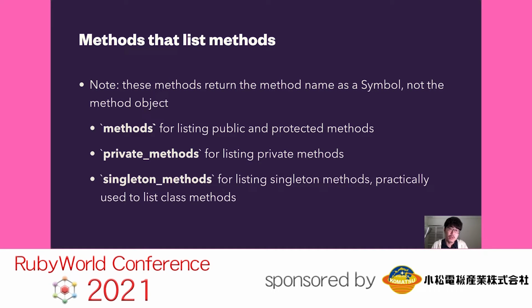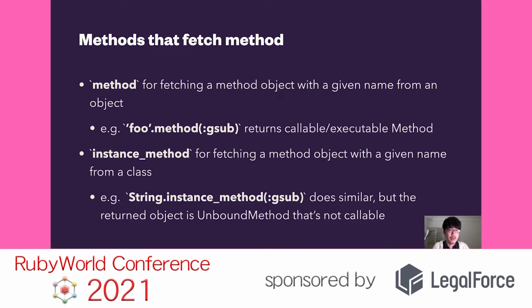There are public methods, and there are different kinds of methods here, but these two return a list. private_methods returns the methods that are private, which do not appear in methods. And singleton_methods returns special, specific methods; in most cases it lists the class methods.